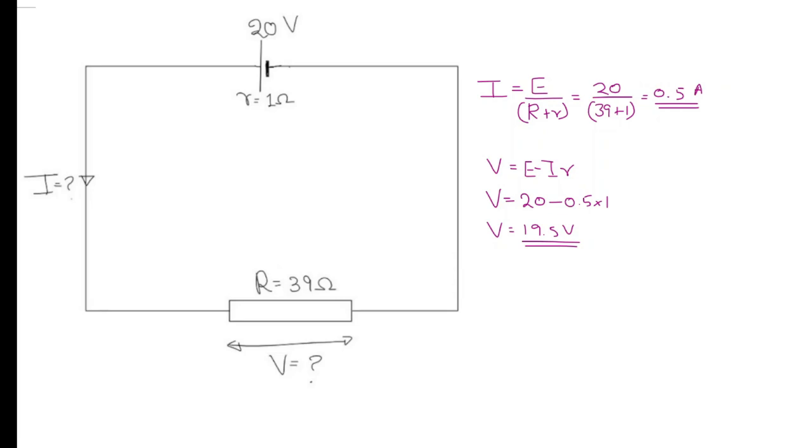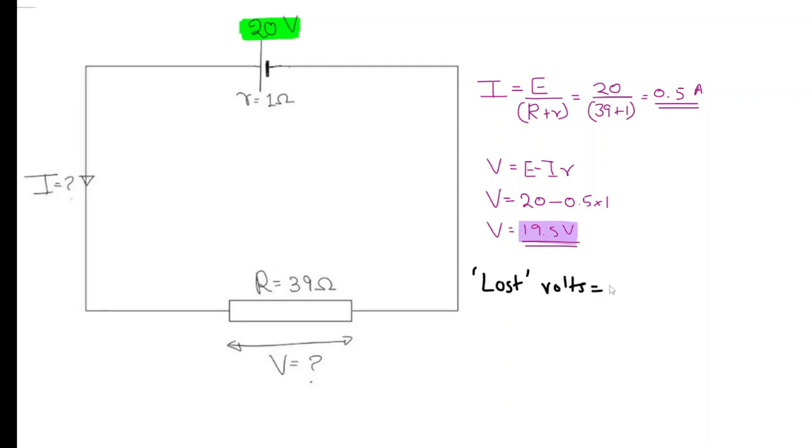Now, here is something really interesting that you need to observe. The EMF of the cell is 20 volts. However, the terminal PD is a bit less than that. It's 19.5. So can you see, there's 0.5 volts that is not coming out. So we call this, within inverted commas, lost volts. It's not really lost, but we call it lost volts.